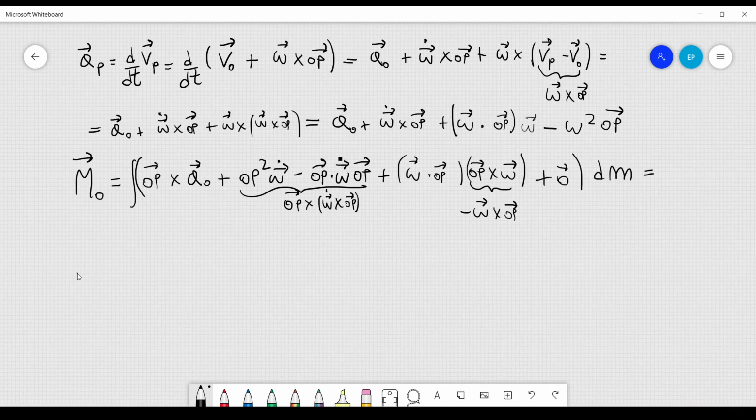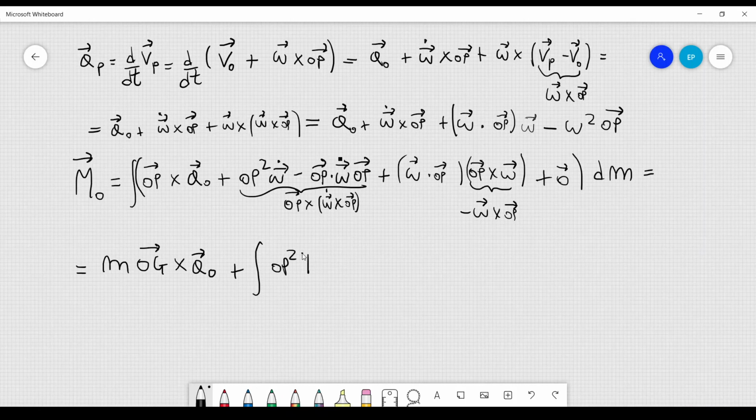And so now I can rewrite it like this. I have equal to, I can integrate this. That's just the mass of the body times OG cross product AO. So I can integrate this one very easily. This is just a constant for the integral, so I can integrate OP. Plus, and then I have integral OP squared.